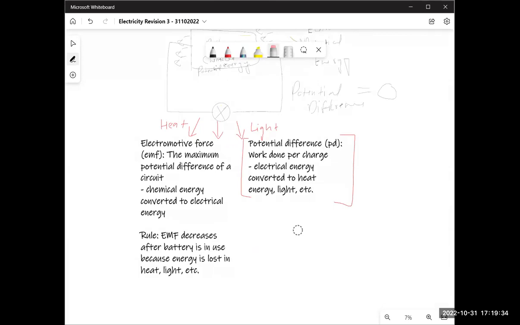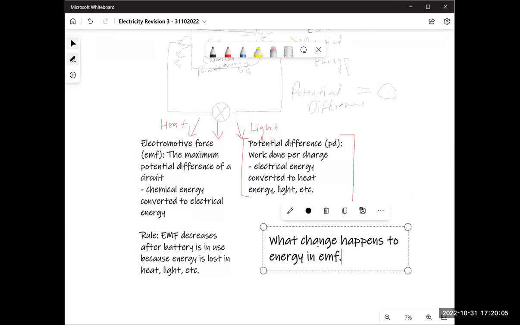What kind of change in energy is electromotive force? Do we answer here or in the chat? The question is, what change happens to energy in EMF?